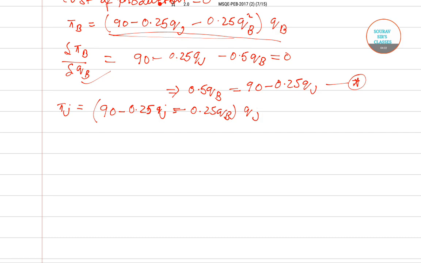So now this is the profit function. Now we'll simply differentiate this profit function with respect to QJ. The way we did in terms of QB, we'll do the same with QJ.